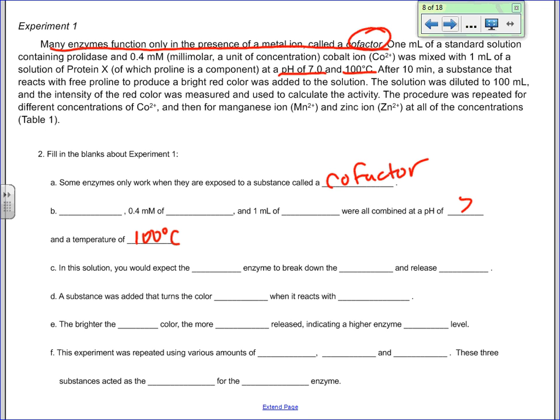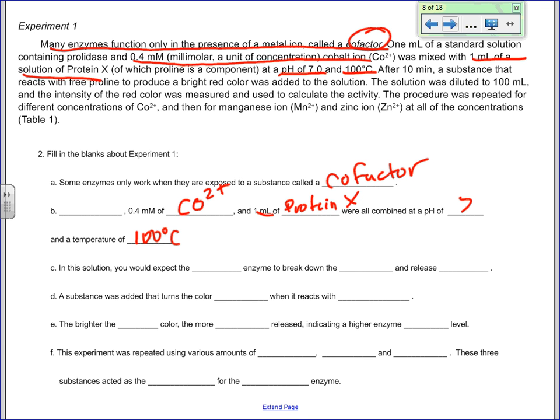What did we use 1 milliliter of? 1 milliliter of a solution of protein X. What did we use 0.4 milliliters of? Cobalt ion, Co2+.